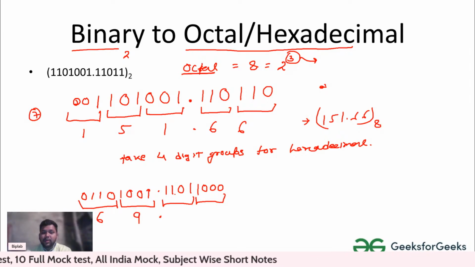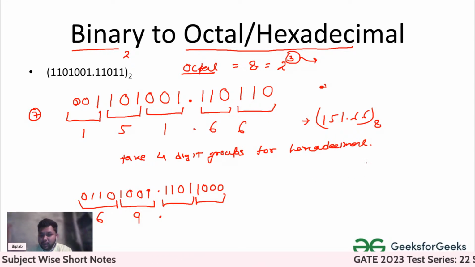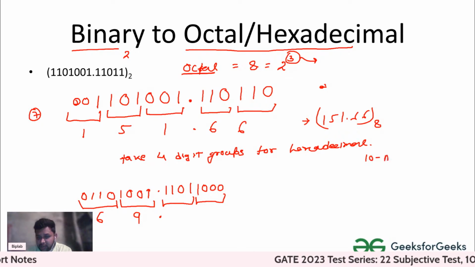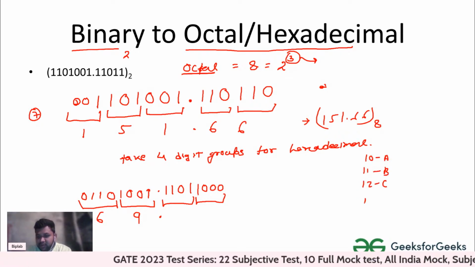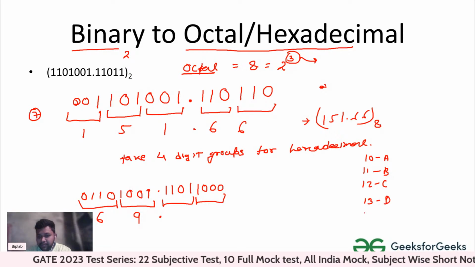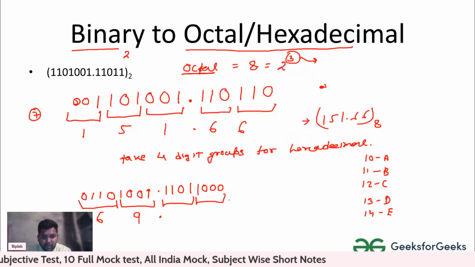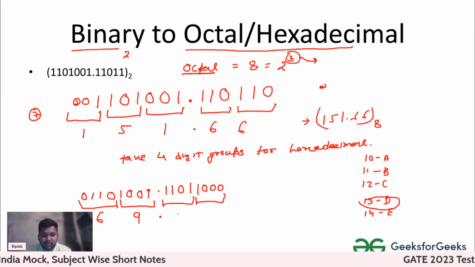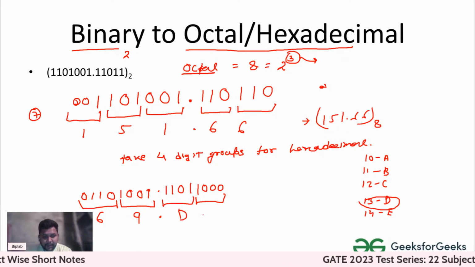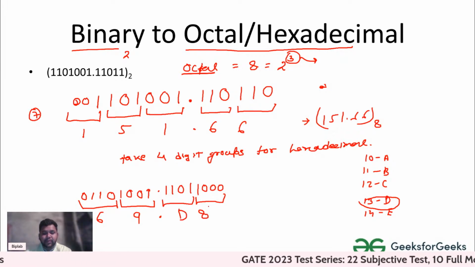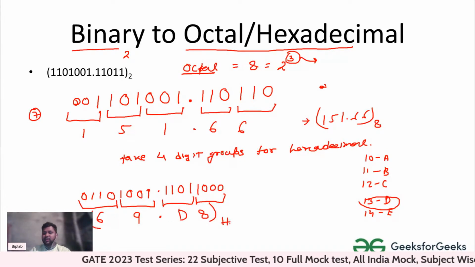This is 13, which will be converted to the ABC form, like 10 is A, 11 is B, 12 is C, 13 is D, and 14 is E. I think you will get your number here. So you are getting 13, which is D, and 8. This is your hexadecimal number.